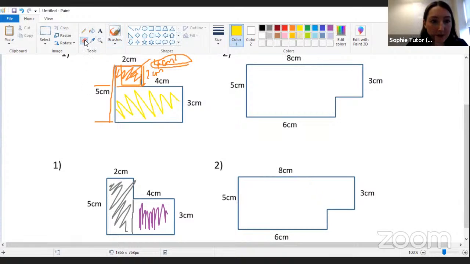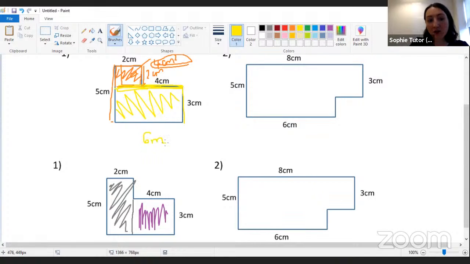I'm going to get rid of these bits now, just so they don't confuse anybody. So now we're going to have a look at the yellow bit. This is the bit in the middle. Here we're going to do the whole length times 3. And the whole length is going to be 2 centimeters, which is this bit, plus 4 centimeters, which is this bit.